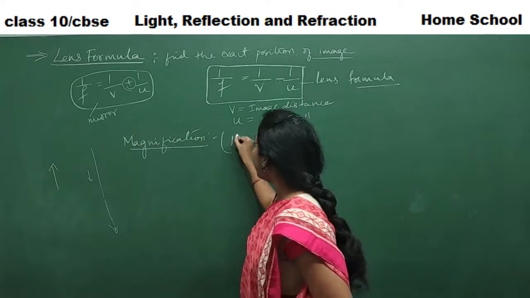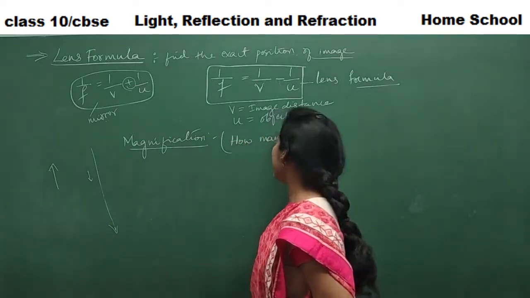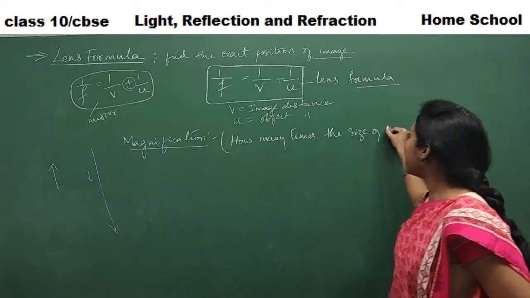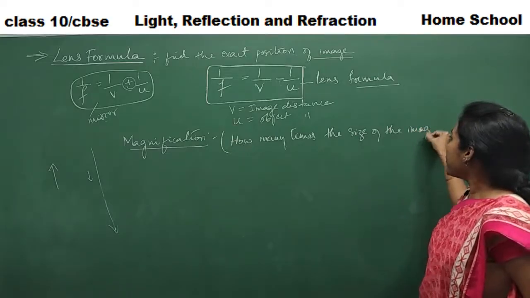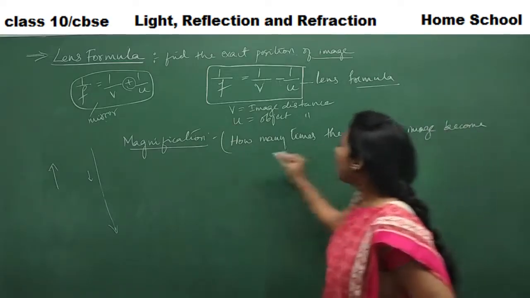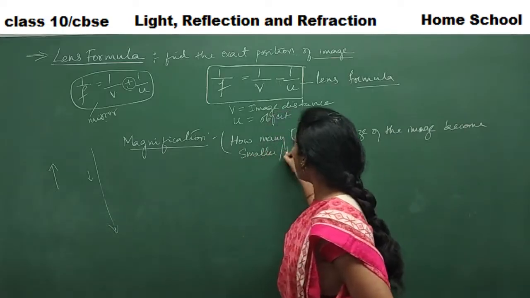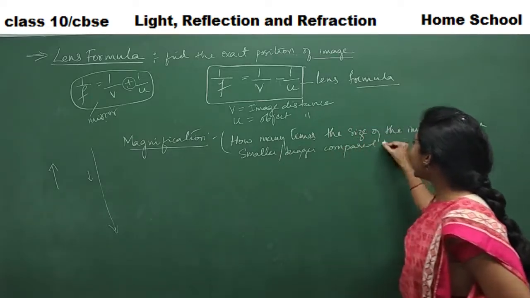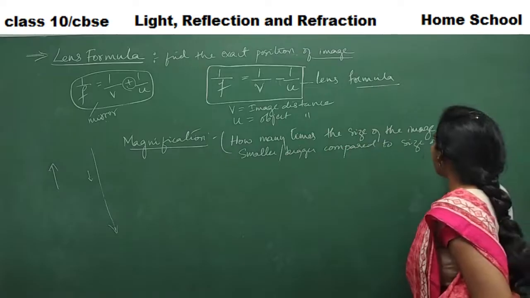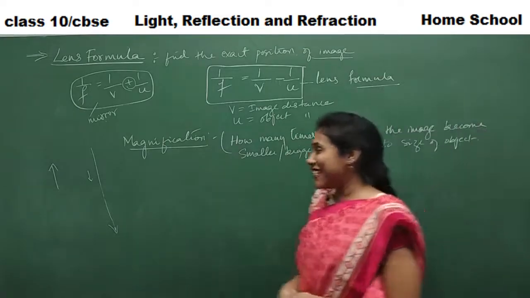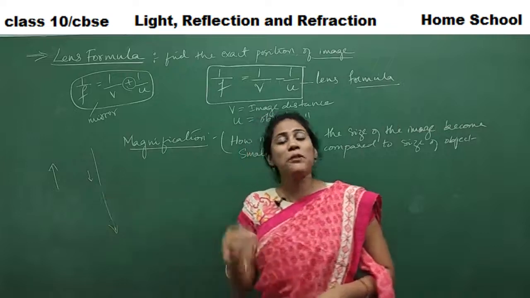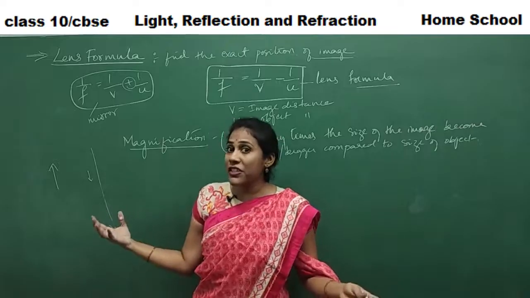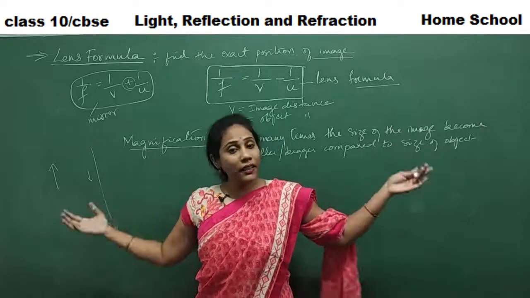Magnification will always talk about how many times the size of the image has become smaller or bigger compared to the size of the object. It talks about the extent to which the size has become smaller or bigger, like whether the image has become 2 times smaller, or 3 times bigger, 1 time bigger, 4 times bigger.